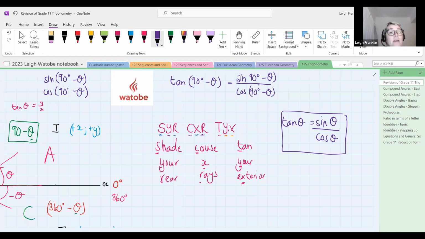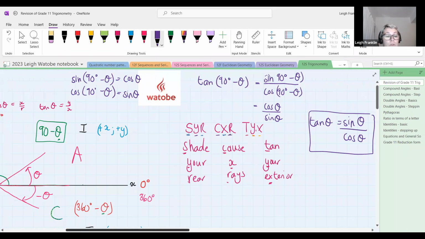further. The sine of 90 minus theta reduces to cos theta, and the cos of 90 minus theta reduces to sine theta. So if we applied that over here, we would end up with cos theta over sine theta. Those are our co-ratios in the first quadrant.